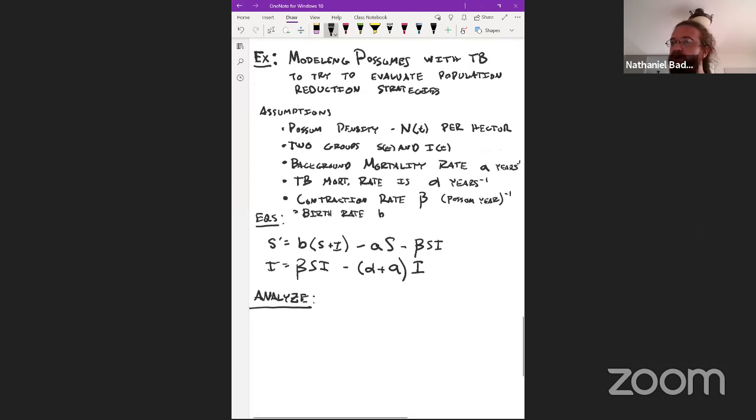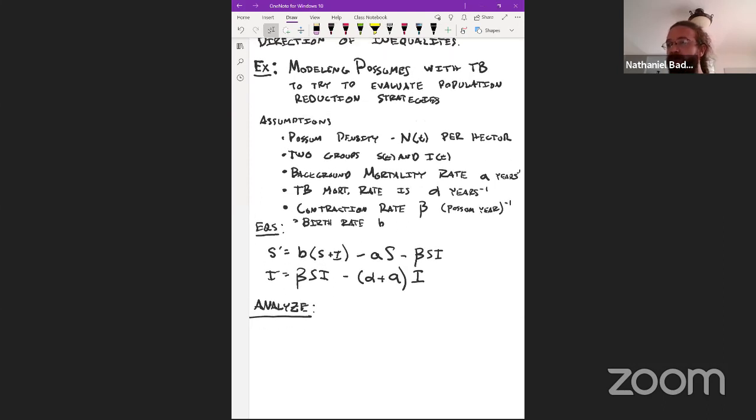Okay. So let's analyze. Our equilibria are straightforward. It's going to be at 0, 0. And then we're going to have one at alpha plus A over beta. And then I'm just going to state the result without forcing the algebra out.